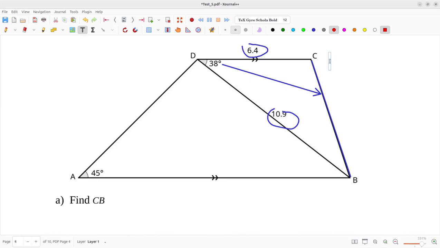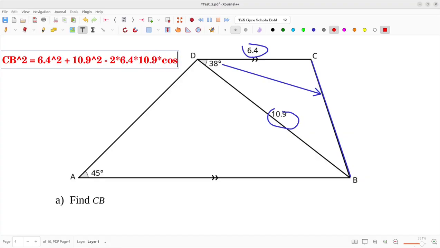Now, what is it? It's going to be your CB squared equals the other two sides, square each of them: 6.4 squared plus 10.9 squared, minus 2 times the other two sides, 6.4 times 10.9, times cosine of the angle.